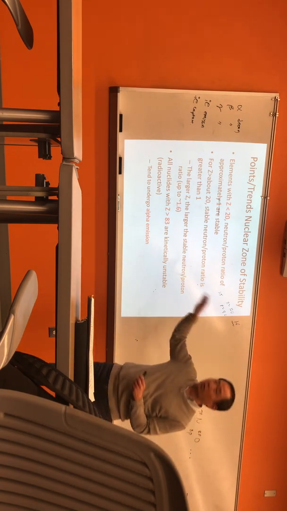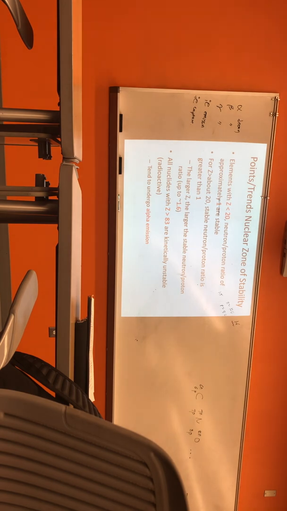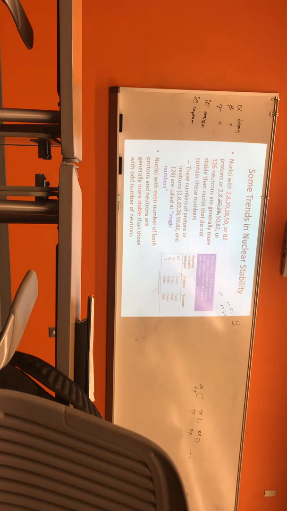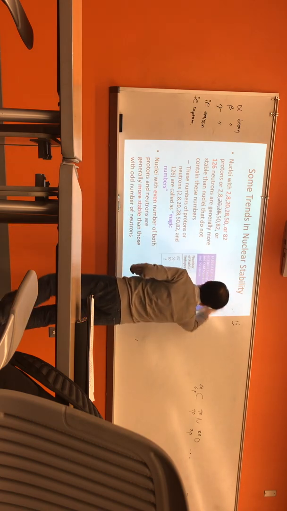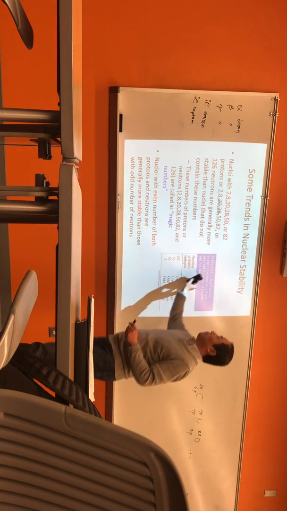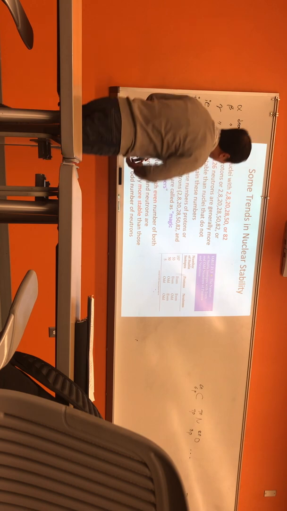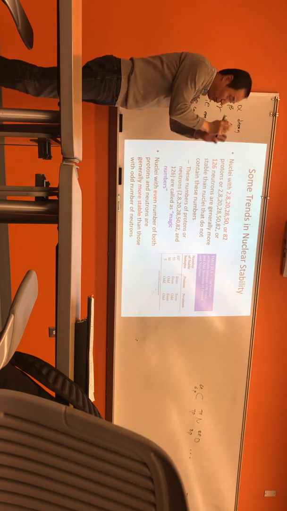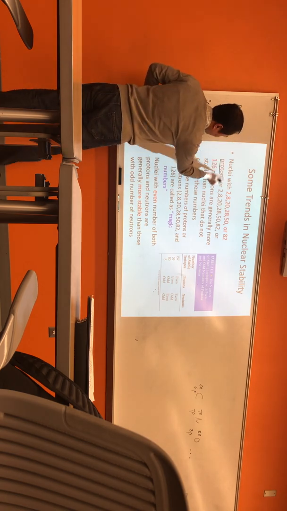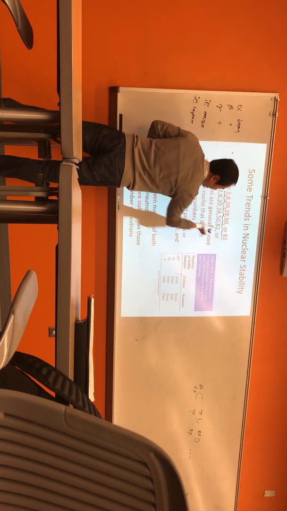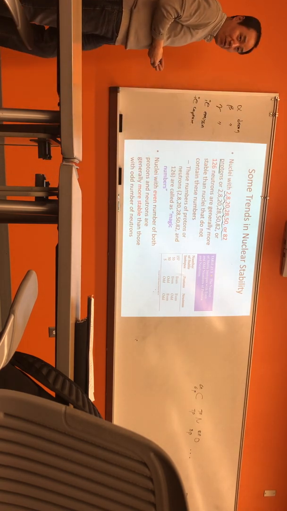Yeah, this is all what I said already. There are certain numbers that make a nucleus stable. For example, if a nucleus has a proton count equal to one of these numbers, it has extra stability.